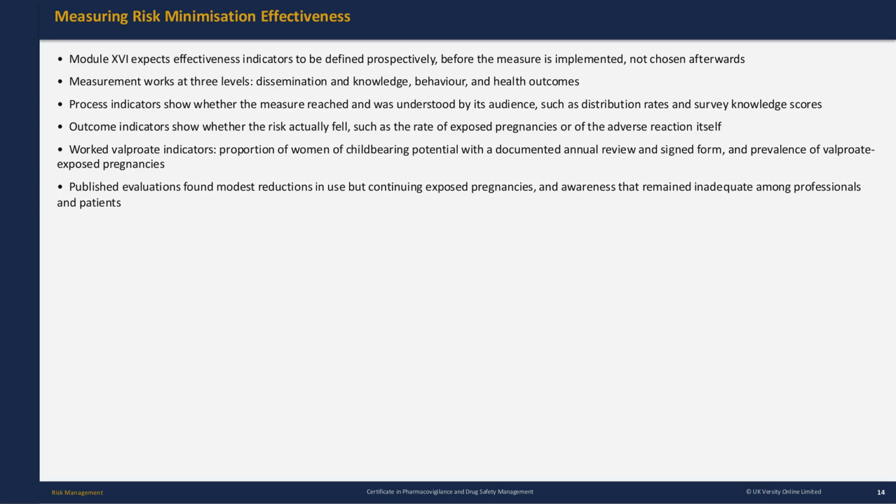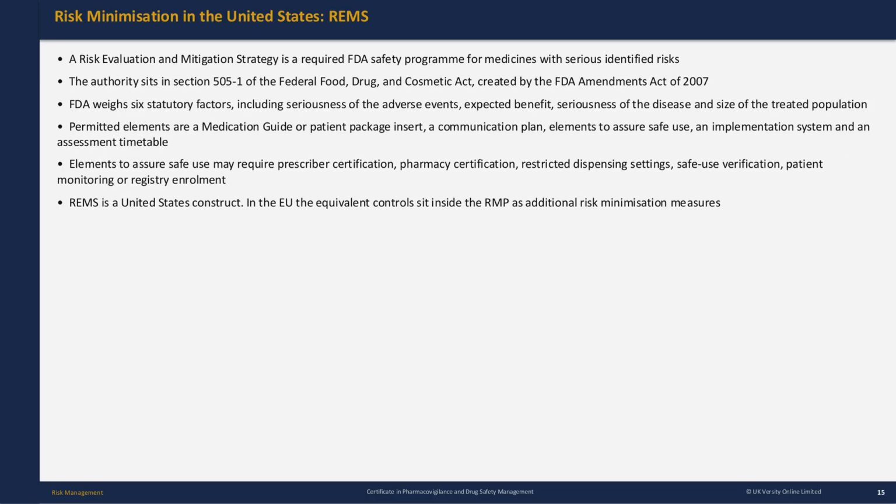Risk minimization in the United States, REMS. A risk evaluation and mitigation strategy is a required FDA safety program for medicines with serious identified risks. The authority sits in Section 505-1 of the Federal Food, Drug, and Cosmetic Act, created by the FDA Amendments Act of 2007.